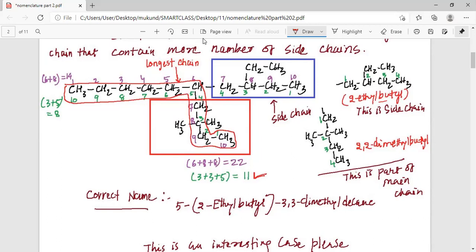In the 2-ethyl butyl kind of side chain, we have a total of 10 carbons. In the same way, we have another side chain, 2,2-dimethyl butyl. So both are butyl chains. On the second carbon we have ethyl, and on the other we have 2,2-dimethyl, so two methyl groups are present.